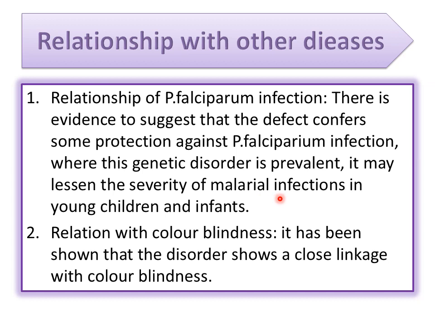It is because it produces NADPH and that will help in oxidation-reduction reactions. So it stops oxidation or oxidants. So in young children and infants, it helps protect from Plasmodium falciparum infection.